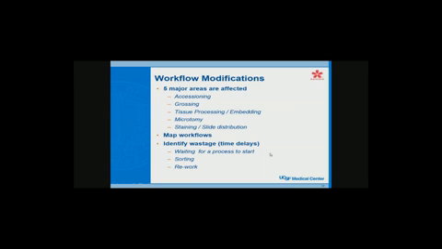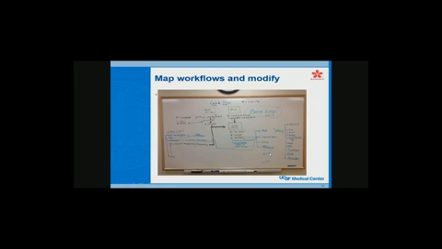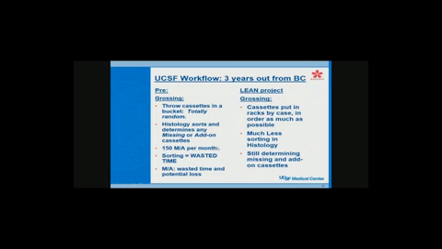So these are the 5 major areas that are affected: accessioning, grossing, tissue processing and embedding, microtomy, staining, and slide distribution. You should go through each of these areas, map out their workflows, and identify any kind of wastage that's going on there. By wastage, we're mainly talking about things that are waiting around to be done, things that have to be sorted, or things that have to be redone, restained, or recut.